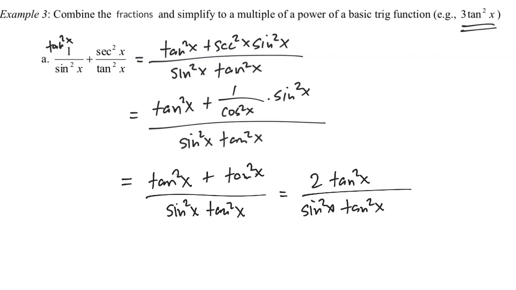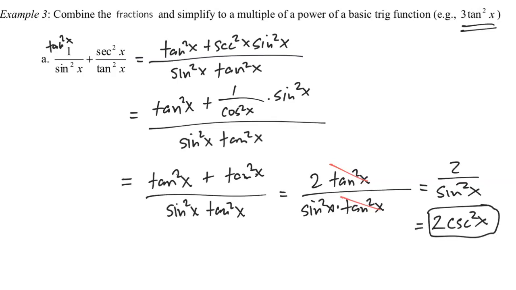And now, because this is multiplication in the denominator, we can cancel tangent squared and tangent squared. And so that's going to end up giving me 2 divided by sine squared of x, which is going to reduce using a reciprocal identity to 2 cosecant squared of x, since cosecant is the reciprocal of sine.